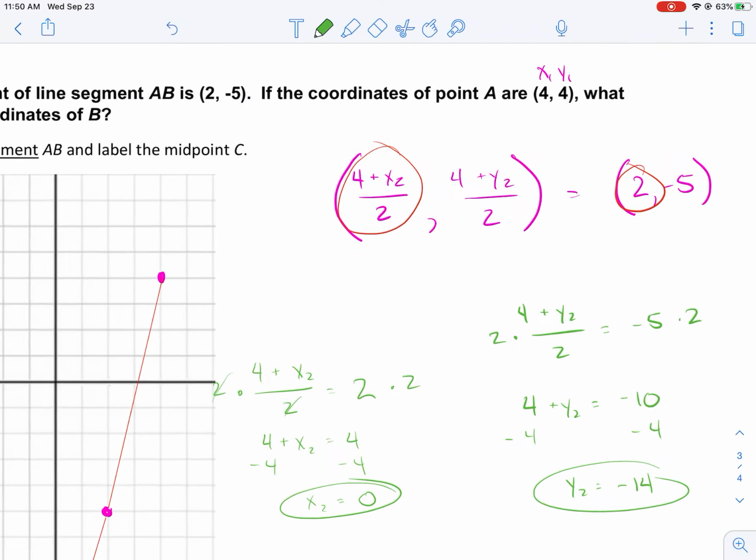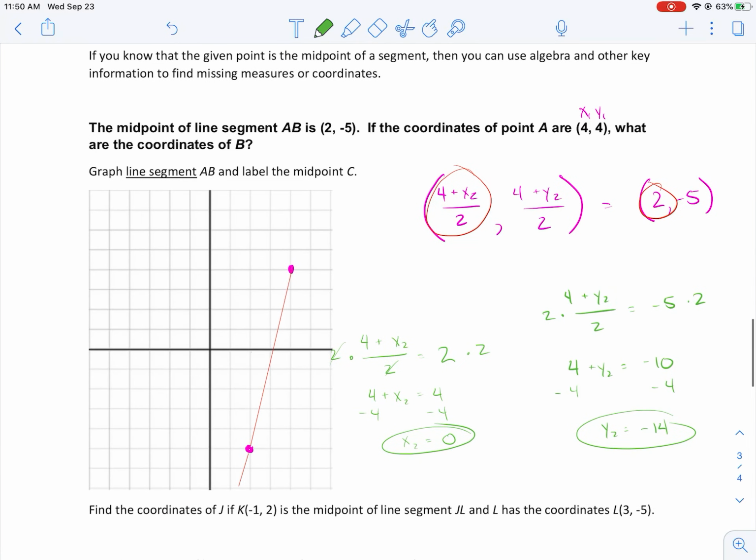Okay, so the point we are missing, and the point we can't show, is going to be 0. So b is equal to (0, negative 14). And we definitely don't have enough space to put that on there.